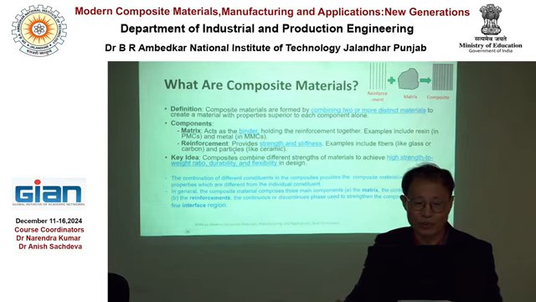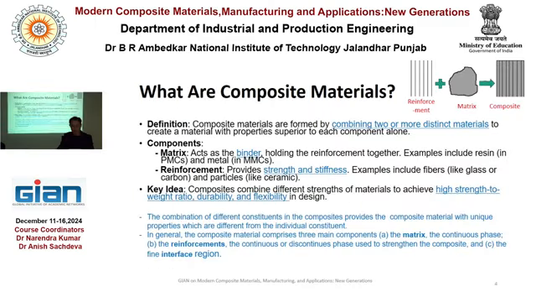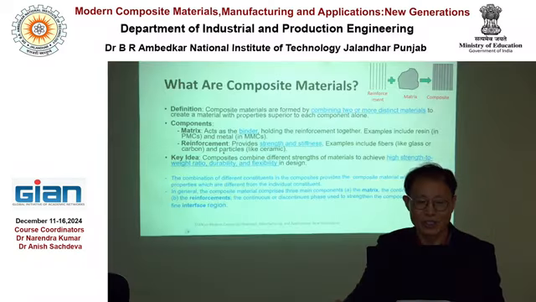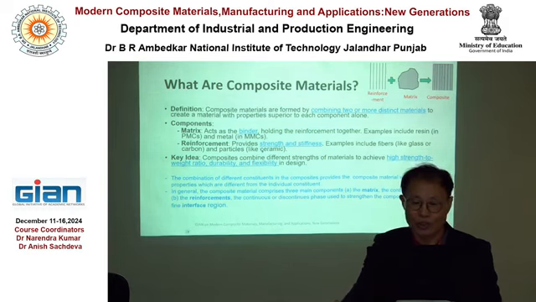And the reinforcement's purpose is to provide strength and stiffness. For example, glass fiber or carbon fiber are very popular ones, and also ceramic particles can be used. Sometimes ceramic balls will be embedded into an aluminum matrix or something like that.